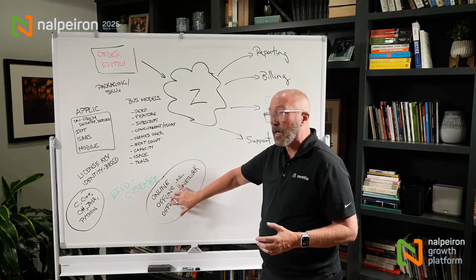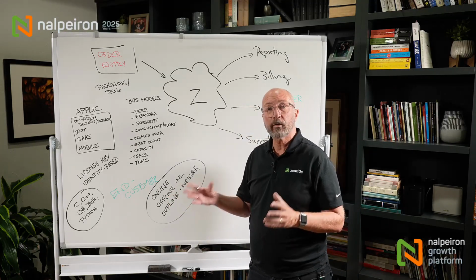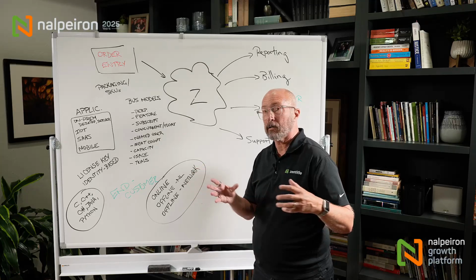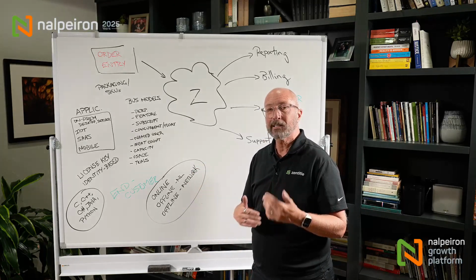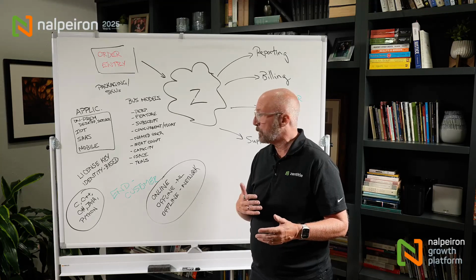We also support offline node lock licenses. So if an individual end customer needs to activate an individual desktop or an individual server, we support easy offline activation approaches there.